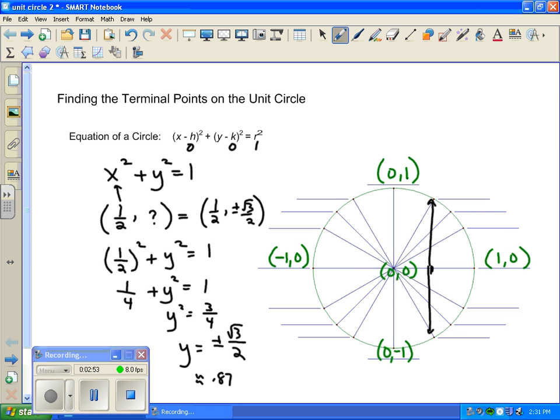And we're going to end up with a point on the unit circle with the values 1/2 and square root of 3 over 2, or 1/2 negative square root of 3 over 2. And in fact, that is going to be the point right here. We'll talk about why that is even more in detail in just a little bit. And this one would be 1/2 negative square root of 3 over 2.